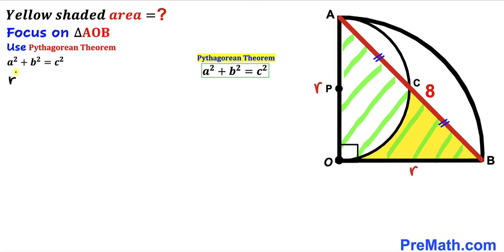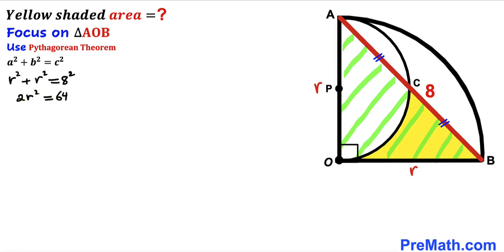So we got lowercase r square plus lowercase r square equals to 8 square. So on the left hand side, this is going to give us 2r square equal to 64. And now I'm going to divide both sides by 2, and we can see this 2 and 2 is gone. So therefore r square turns out to be equal to 32 on the right hand side.